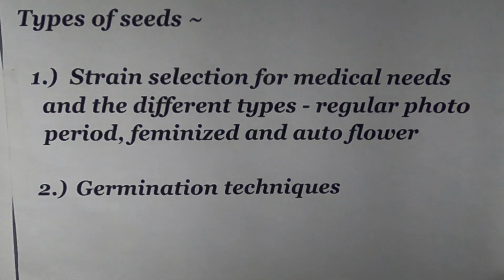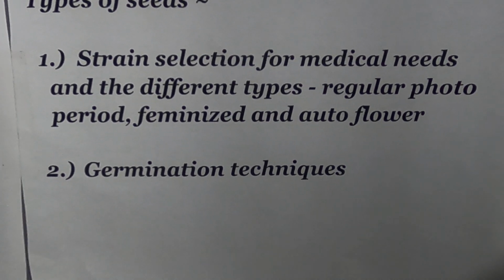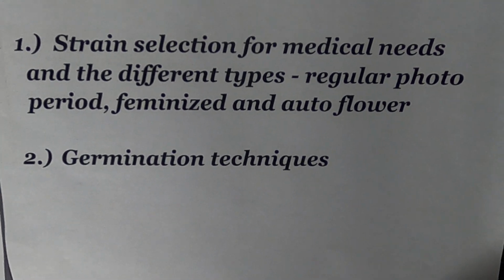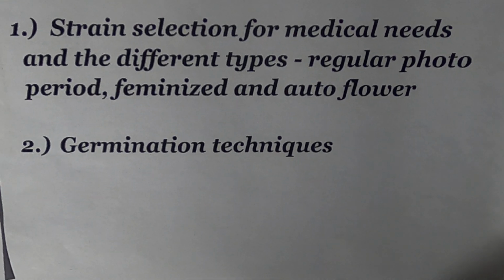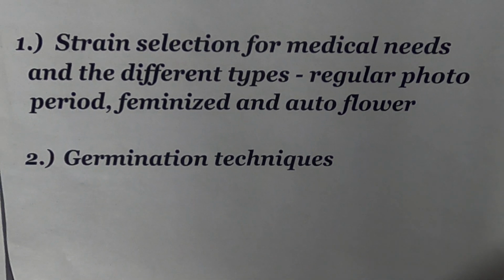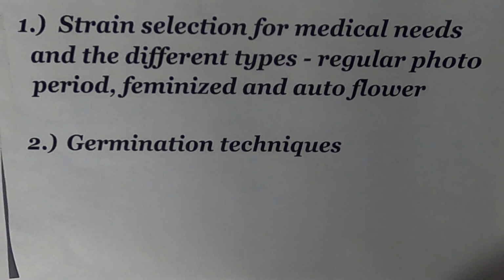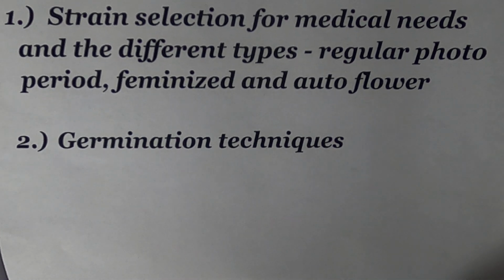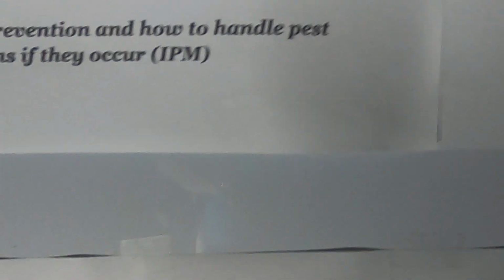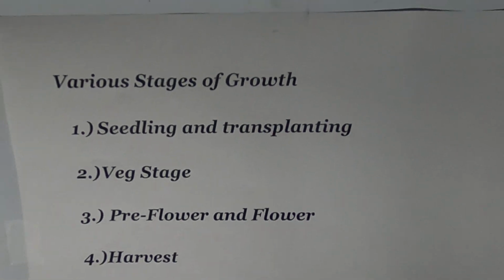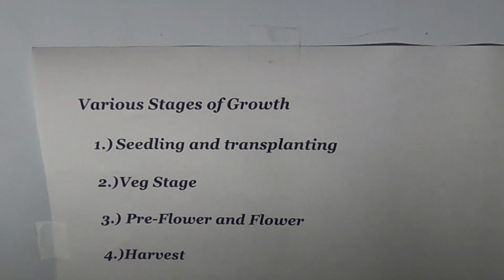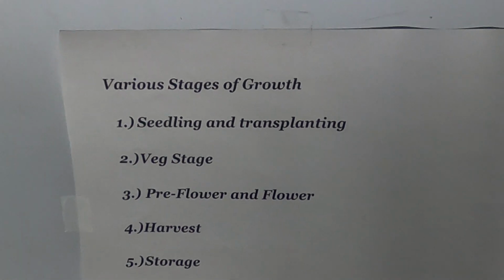Then we'll go through the various germination techniques, what we actually use, and what has worked and what hasn't worked for us. You'll find a lot of different ones on the internet, but we'll go over the main ones a lot of people use. And last but not least, this is a seed to harvest course.